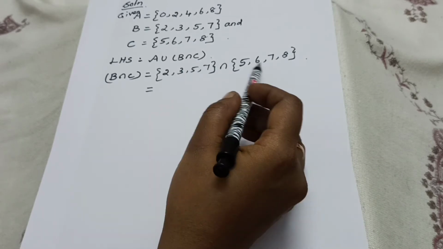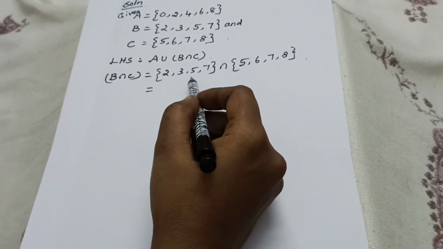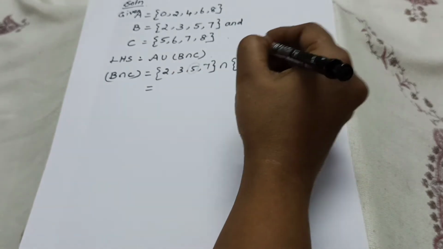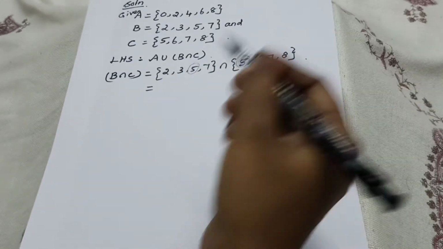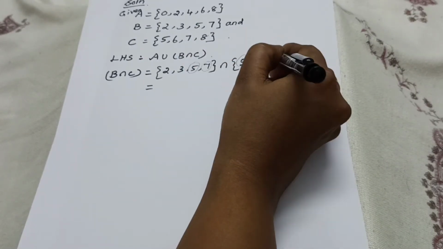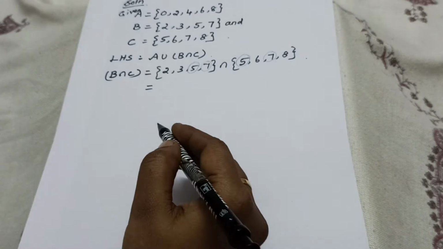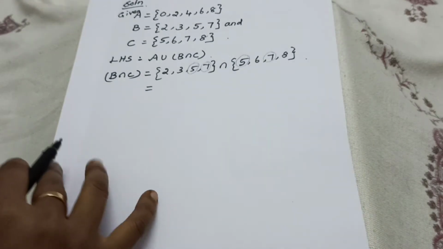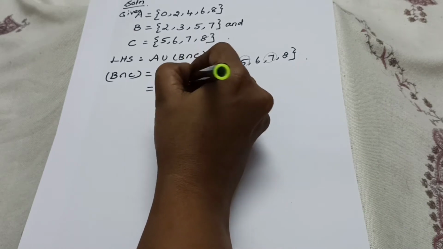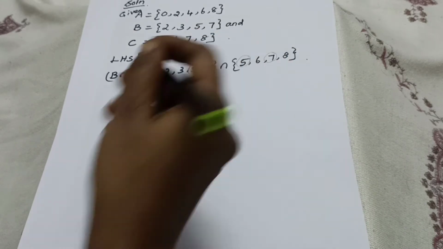Then 3 also is not there. Then 5 is common, both have it, so we circle it. Then 7, here also 7 is there, circle it. Then what are the common elements? 5 and 7. Any doubt?